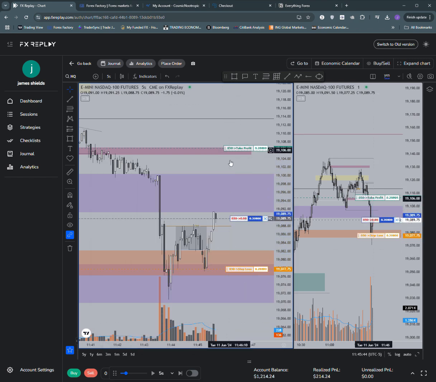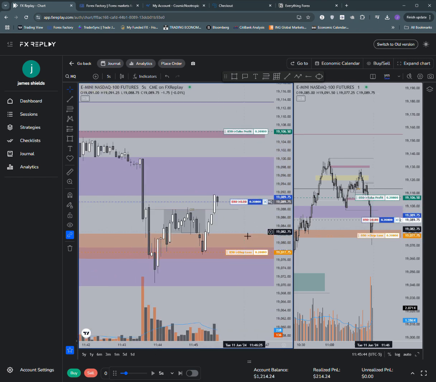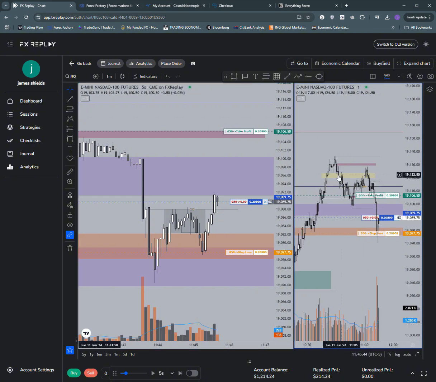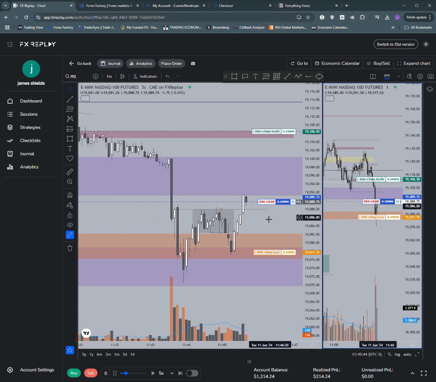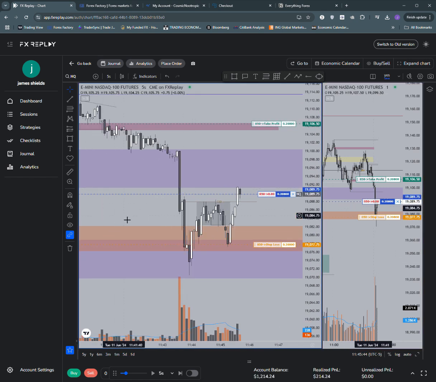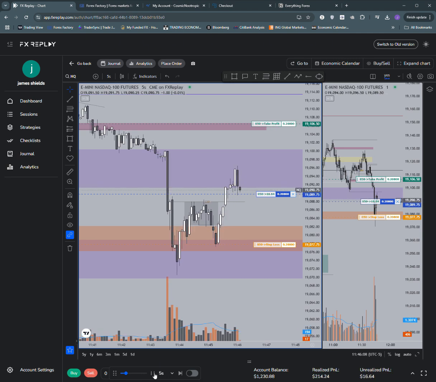Yeah, we'll do something like this. And let's see how this price delivers. Whatever it does, I like this trade. I really do. This is something I feel comfortable putting risk on.